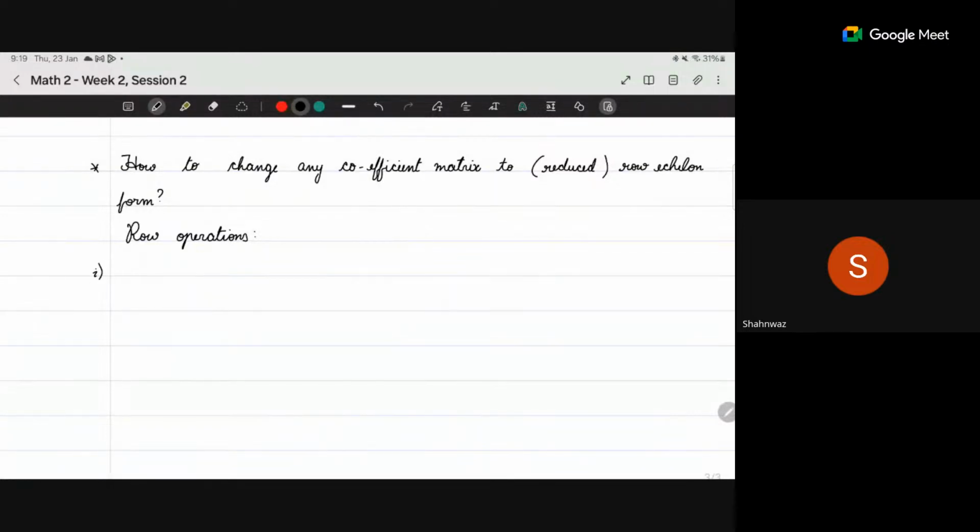So the first row operation is to multiply any row by a non-zero real number.